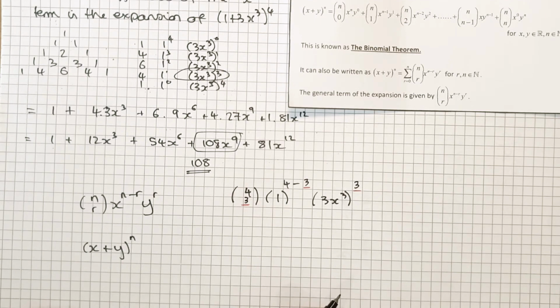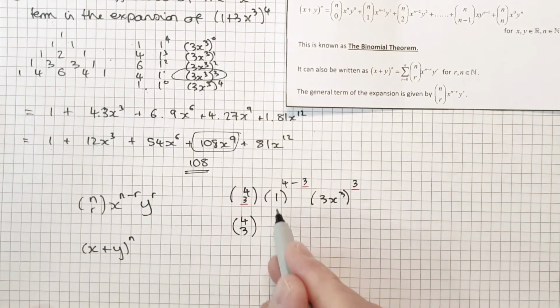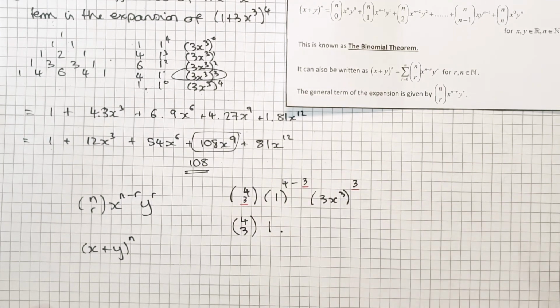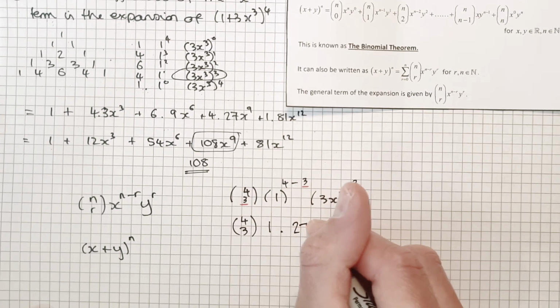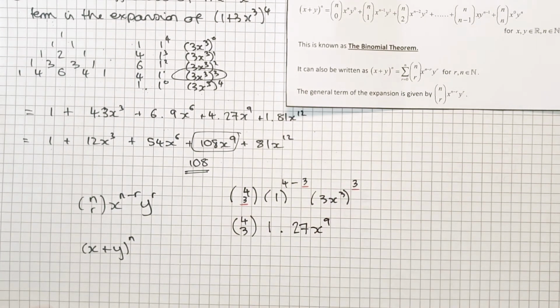So you can then tidy all that up. So we can work out what the 4 and the 3 there comes to. So 1 to the power of anything is just 1. 3 cubed is 27. x cubed to the power of 3 is x to the 9. So that leaves us just to finish off finding the coefficient by working out what this is.